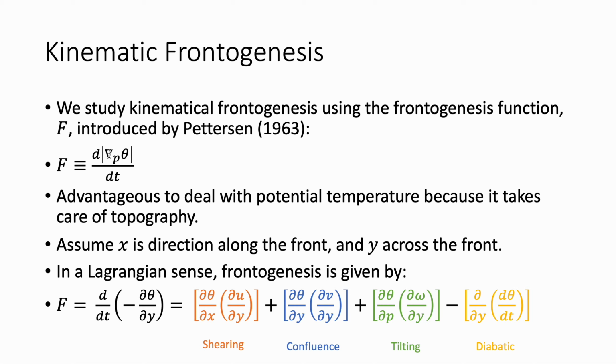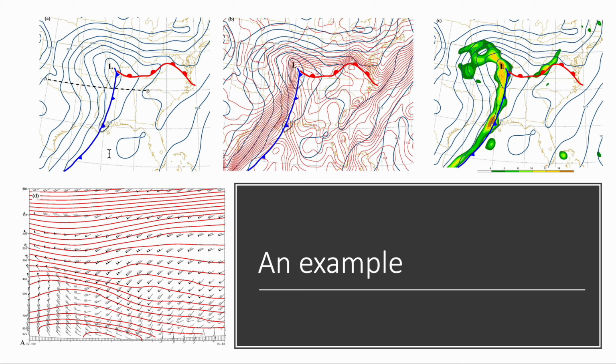And also, without loss of generality, we can always rotate our axes of coordinates such that the new x direction is along the front and the y direction is across the front. And so if we consider a front like this, for example, let's take a cold front. Let's go in this position.